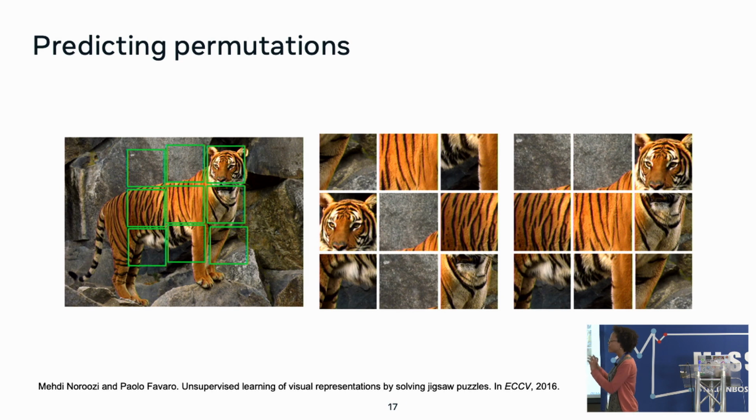In this case, you're taking another step beyond, and you're saying, if I have this grid, I'm going to once again sample from each cell in the grid. This is going to give me, in this case, 9 different patches. I'm going to permute them, right, to create some shuffled version of them. And then I'm going to predict the permutation that was used. Okay, so I'm going to try to sort of reverse this permutation.